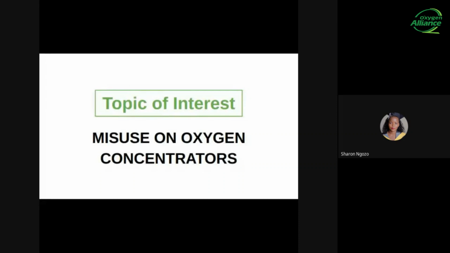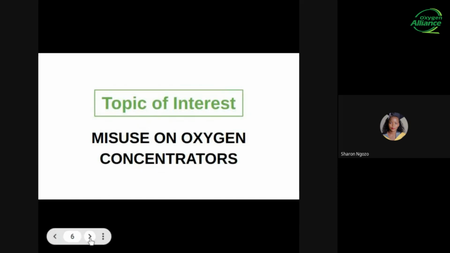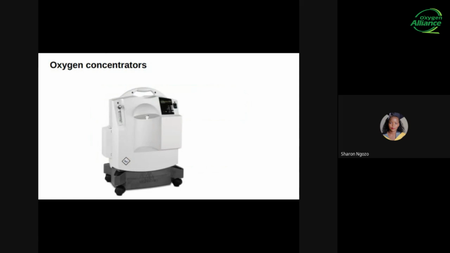As Naomi has already said, today we'll be talking about the misuse of oxygen concentrators. An oxygen concentrator is a vital machine that delivers oxygen to patients, and it takes in air from the surroundings and filters it to give out oxygen.